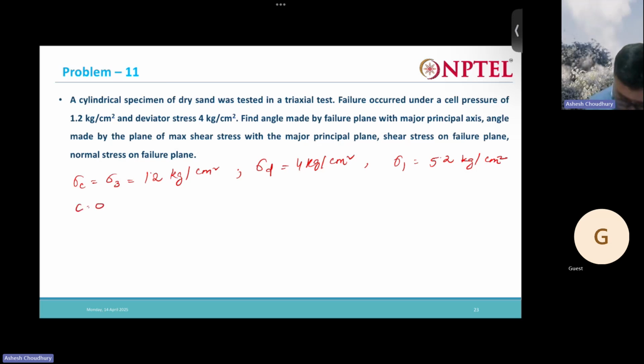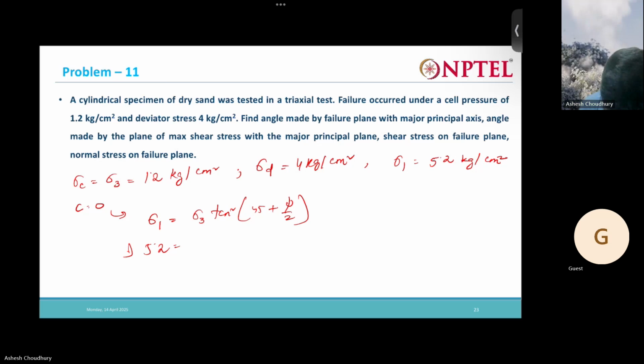And given c is 0, since c is 0, I can write my basic equation as sigma 1 equals sigma 3 tan squared (45 plus phi by 2) plus 2c tan (45 plus phi by 2). That portion is not there since c is 0. So I can write this from here. If I put all my values, 5.2 and 1.2, tan squared (45 plus phi by 2), from here I will get phi as 38.6 degrees.